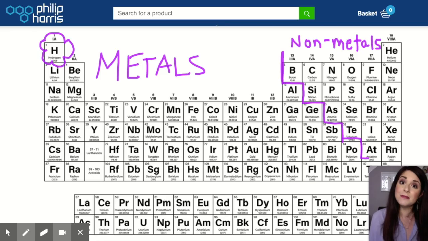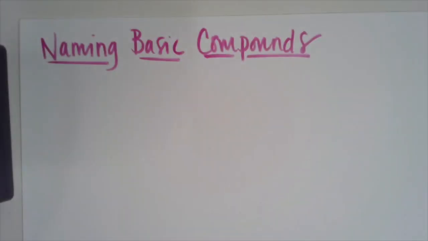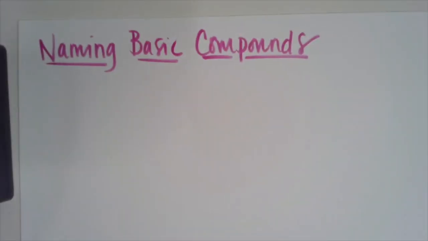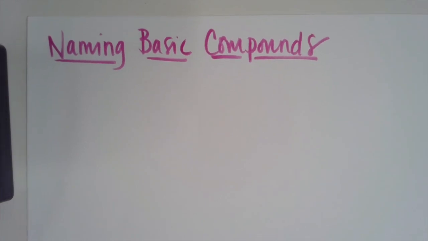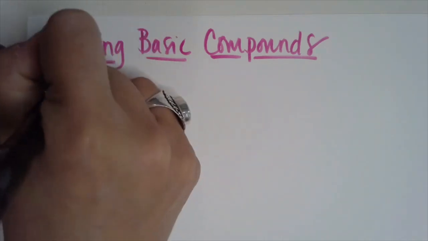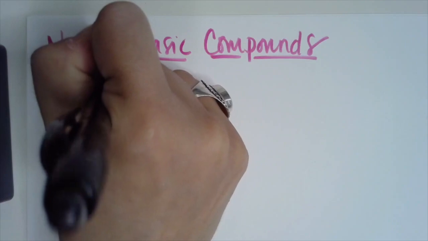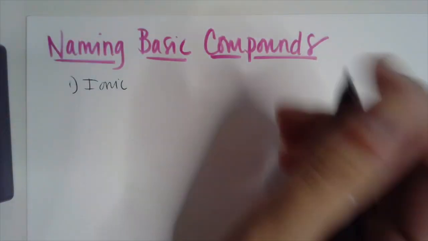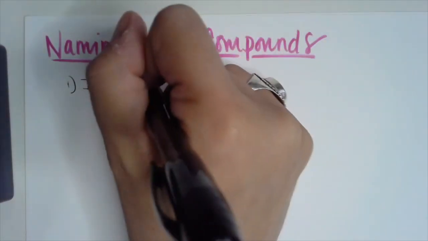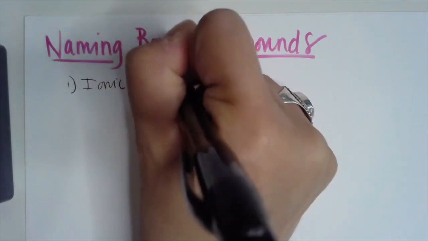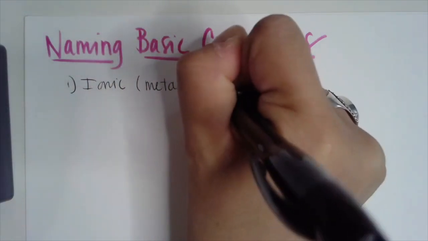Let's go ahead and get into some naming. In your general chemistry classes, there's really three very basic types of compounds that you should know how to name very, very well, and I'm going to go over each of those three with you. The first type of compound is an ionic compound. If you remember, an ionic compound is when you have a metal that's bonded to a nonmetal.